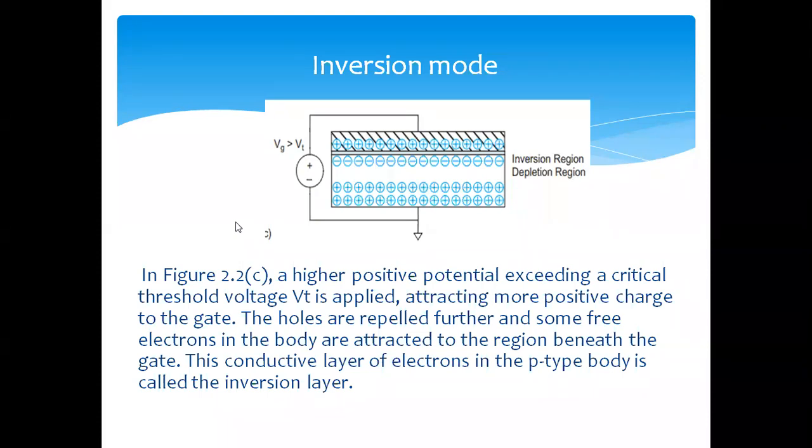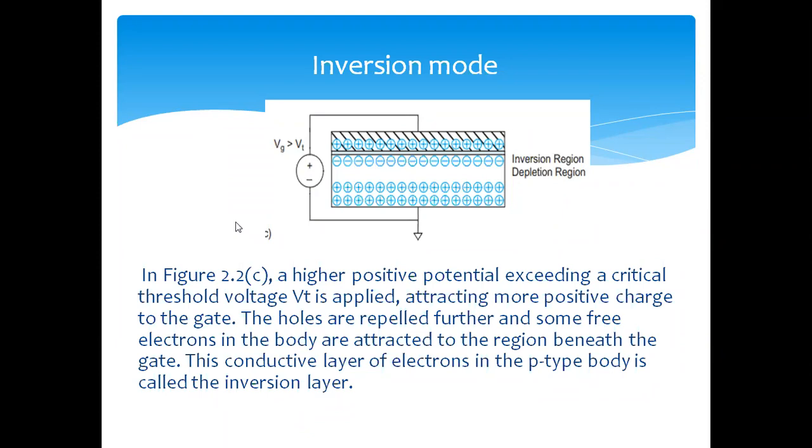Just above 0 volt, but it's positive. Now, as we have applied the positive voltage to the gate, the holes that were already accumulated are repelled away from the gate because of the same charge on the gate. That forms the depletion mode.